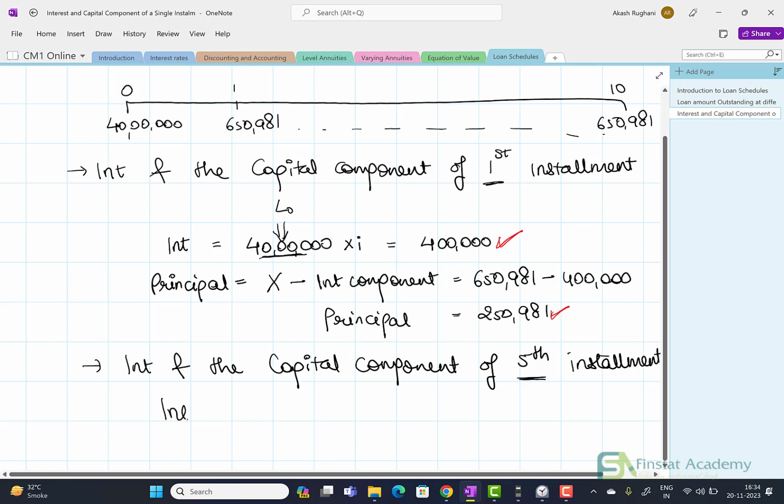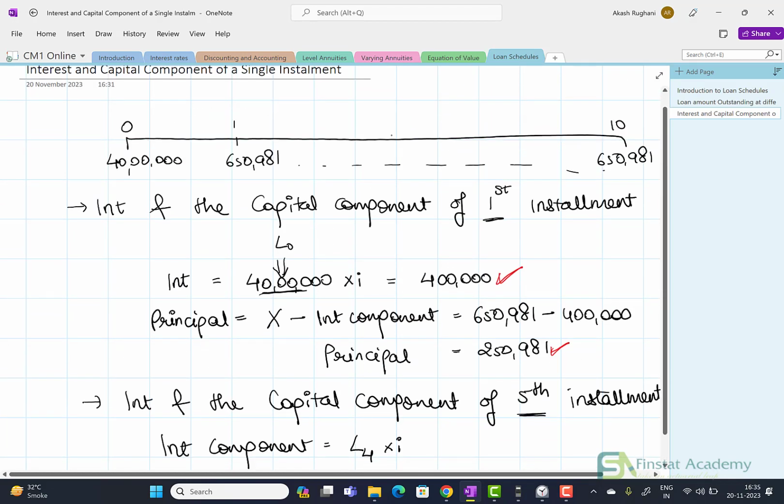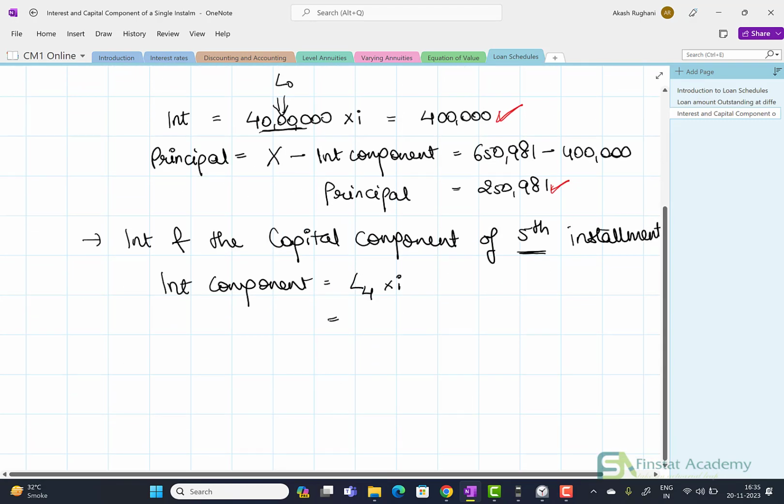So the interest component will be L4 into I. The rate of interest remains the same. L4 we will calculate using the prospective method, which is, I am at time 4 and I'm looking at the future from 4 till 10. So from 4 till 10 there will be installments of 6,50,981 A6 at whatever is the rate of interest.